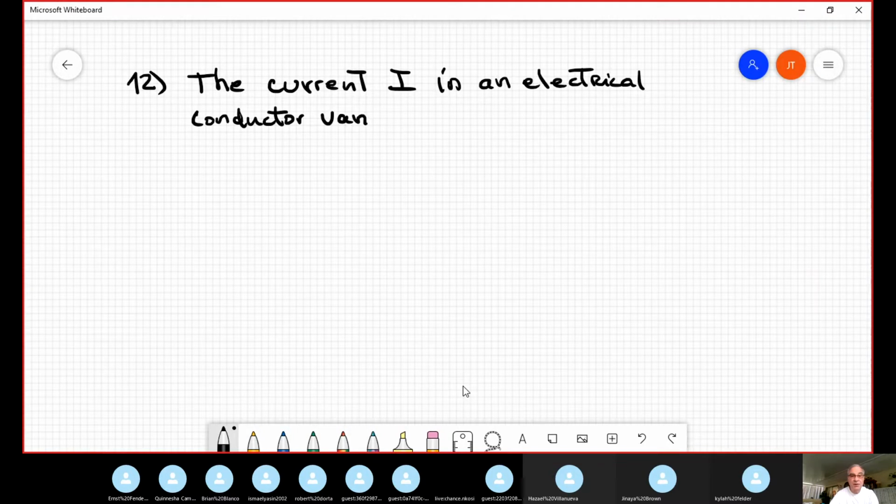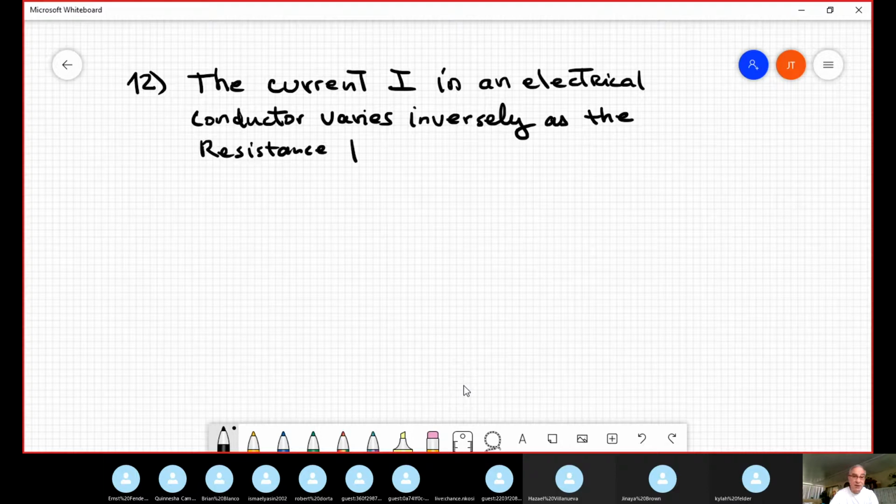This word suggests to me it is a variation problem. Inversely as the resistance, which normally is called capital R, electrical resistance of the conductor. So this is a typical problem of physics, specifically electricity.